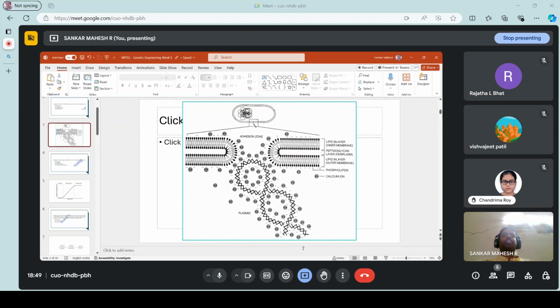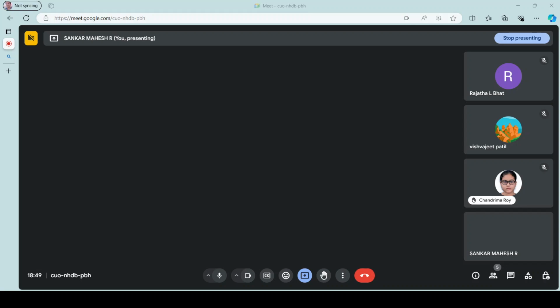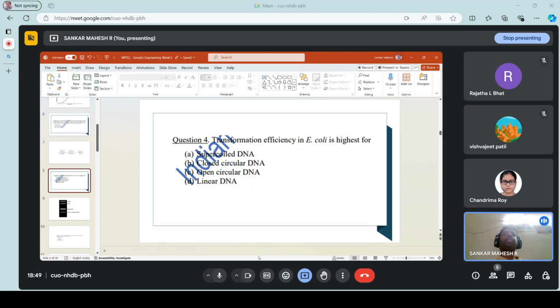Yeah, Chandrima. Yeah, sir. In this case, actually, the linear DNA will have more origins of replication, but in case of a circular one, there is generally a single origin of replication. Okay. So by linear, what we mean is you have the same plasmid and you just cut it at one point.